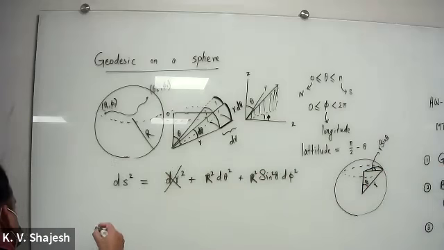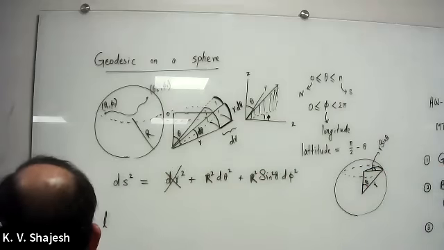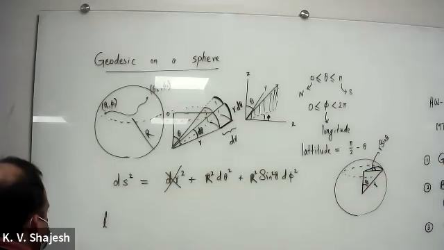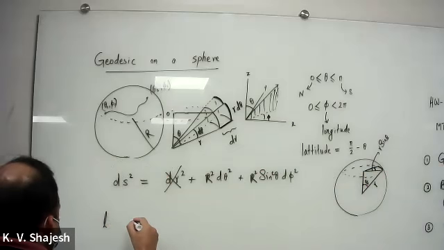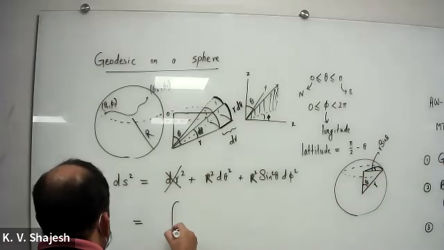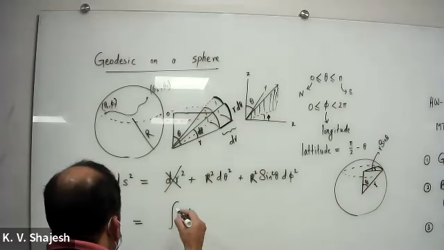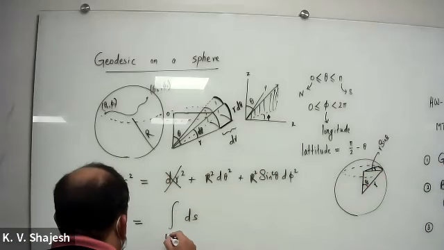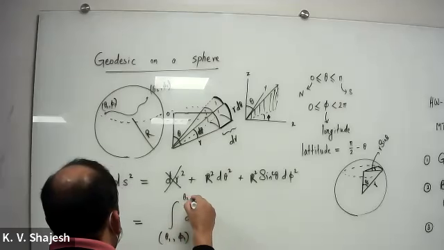An arbitrary path on this would be L, and it will depend on theta and phi. So this will be equal to the integral of all these arc lengths. Add up all these tiny arc lengths, and you go from theta 1, phi 1 to theta 2, phi 2.